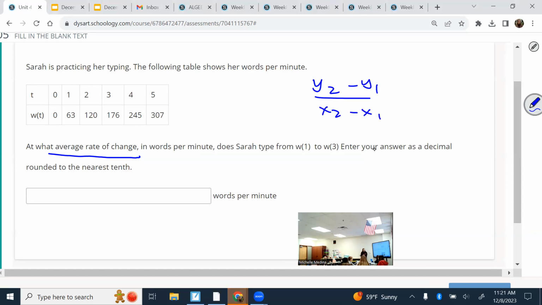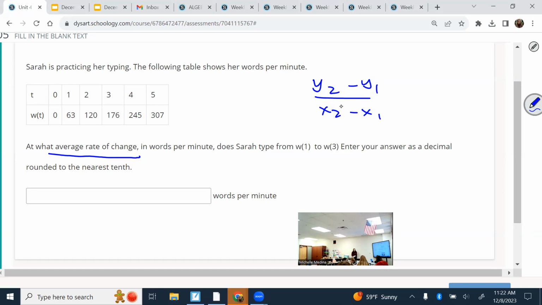So not y equals mx plus b, because that's slope intercept form. You want just like for the m, which is also a rate of change. But not all the time are they going to be straight lines anymore. So we just use average rate of change as like a general phrase, but it's still the same formula.